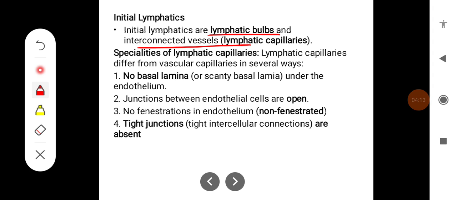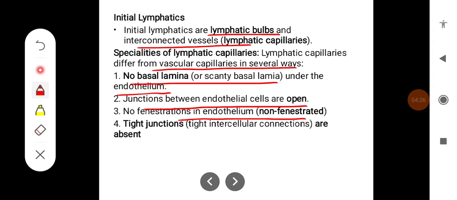They differ from vascular capillaries in several ways. There is no basal lamina under the endothelium. Junctions between the endothelial cells are open. There is no fenestration in the endothelium, and tight junctions are absent in the initial lymphatics.